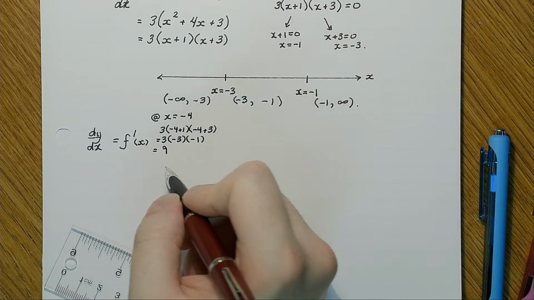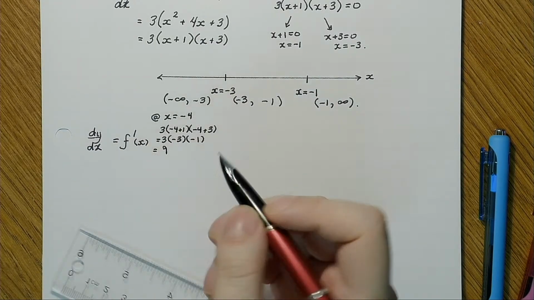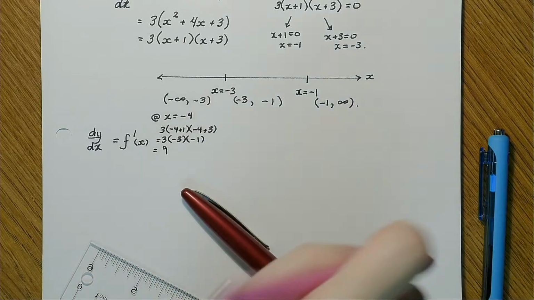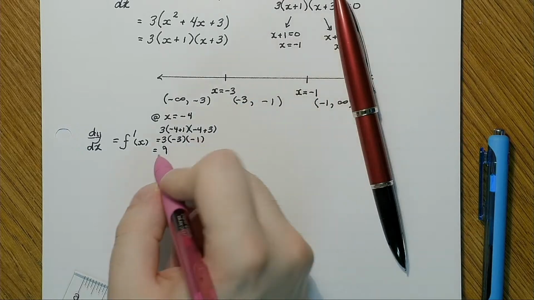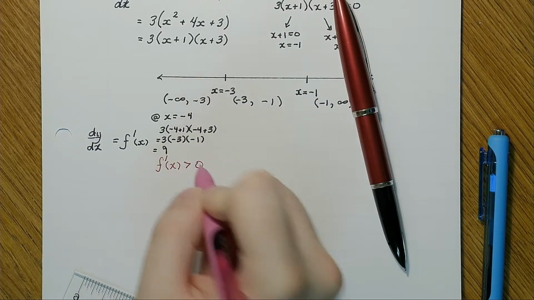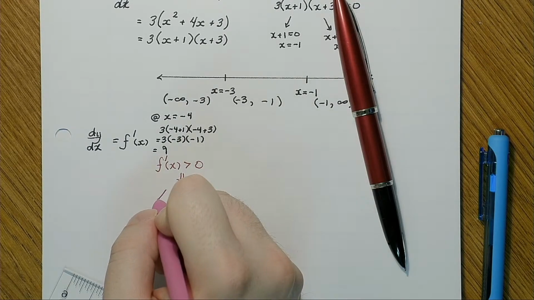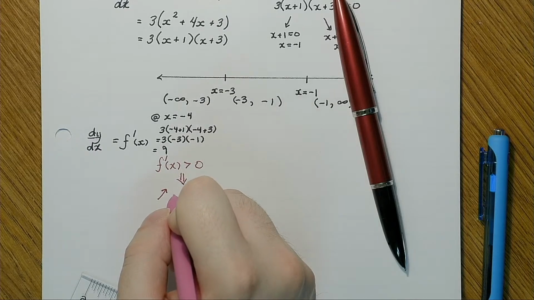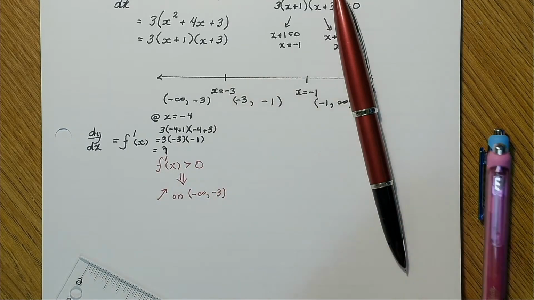Since this is positive, this means that the function is increasing on -infinity to -3.